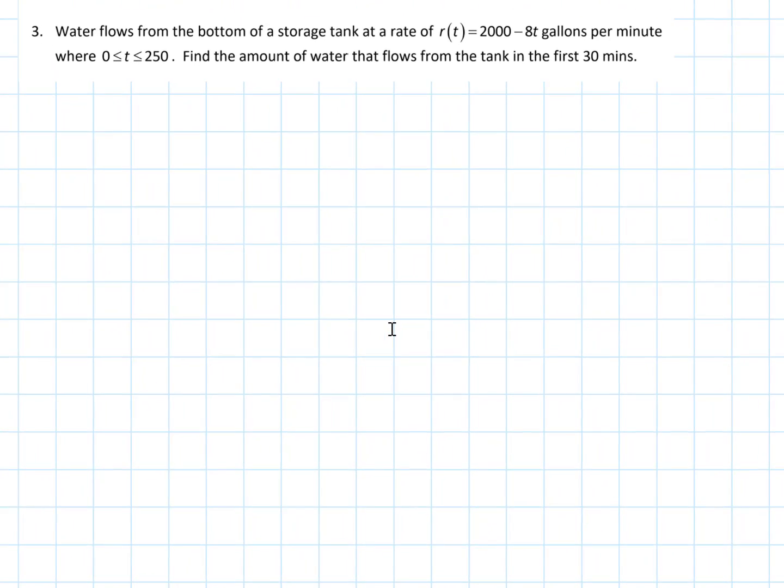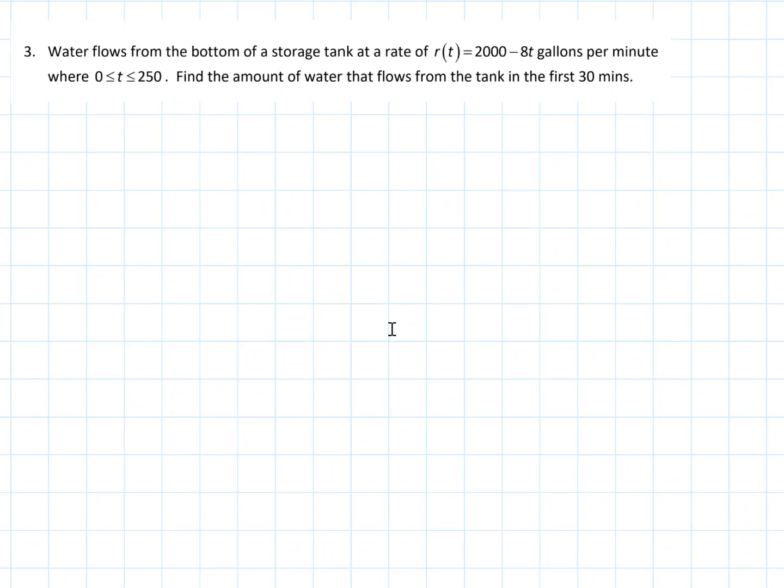Okay, so what if we had this one? Water flows from the bottom of a storage tank at a rate. So again, we're given a rate, in gallons per minute, where our time runs from 0 to 250 minutes. Find the amount of water that flows from the tank in the first 30 minutes.